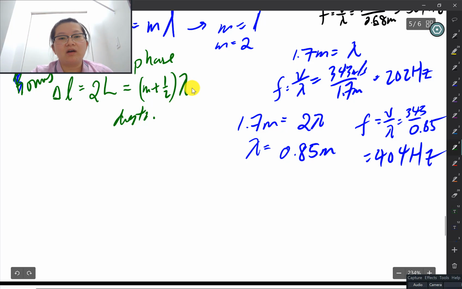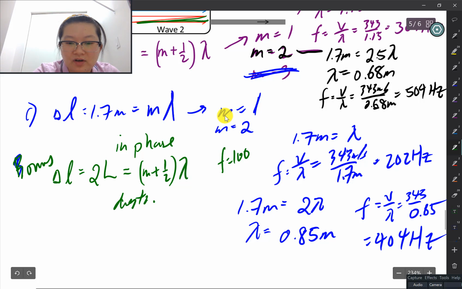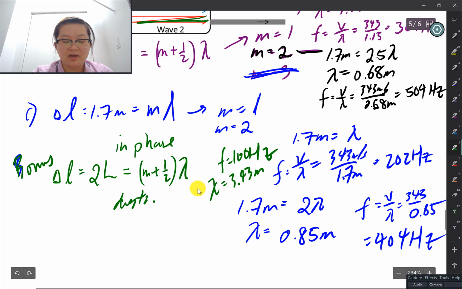So what is this question? Okay, so again, the lambda here that we use is 3.43, because we're looking at a frequency of 100 hertz, meaning that lambda in this case was 3.43 meters after using the wave equation to find lambda. So lambda is fixed. We're trying to find L, and we're trying to see what value of m to use.